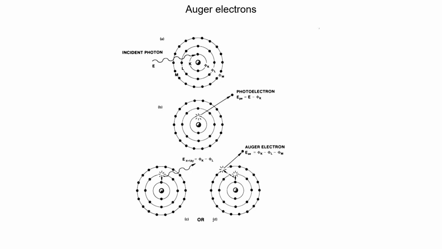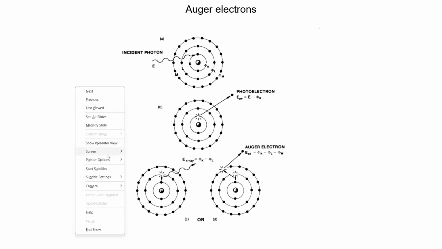Also, I'll briefly tell you about the Auger electrons and the characteristic X-rays. The Auger electrons have very low energy, and they tell you mostly about the surface only.